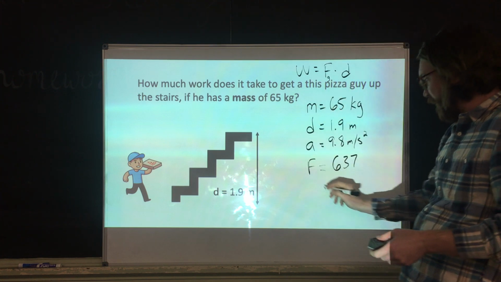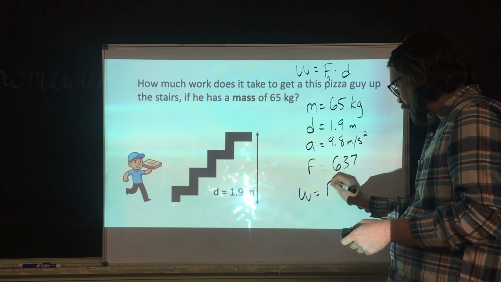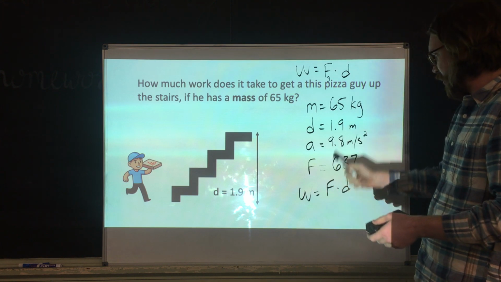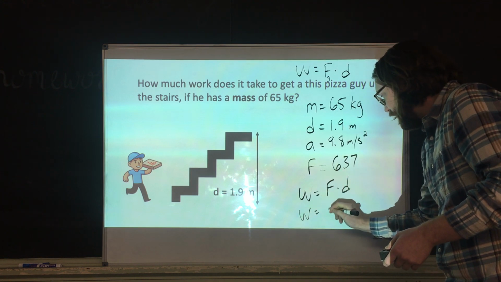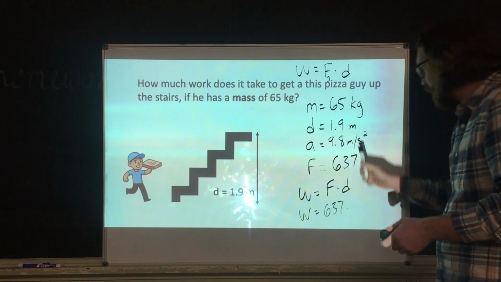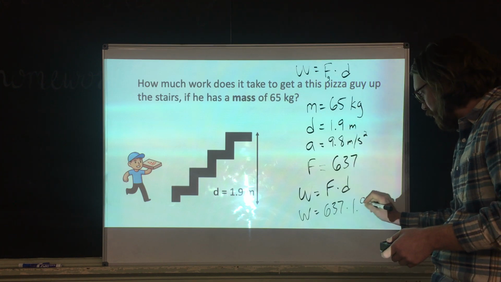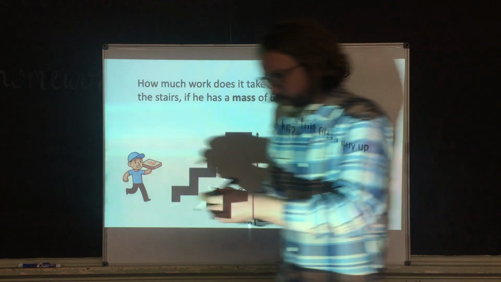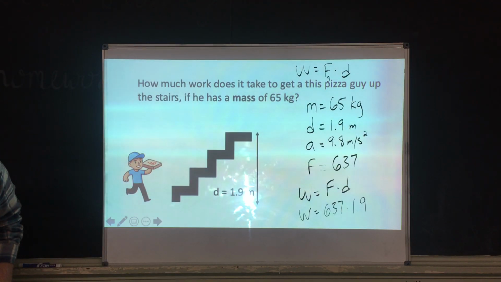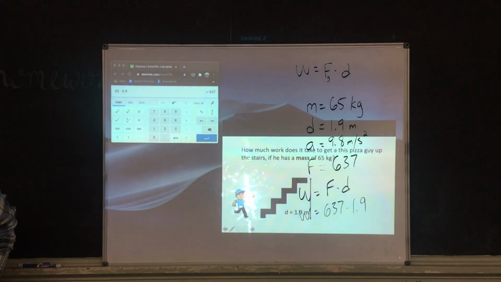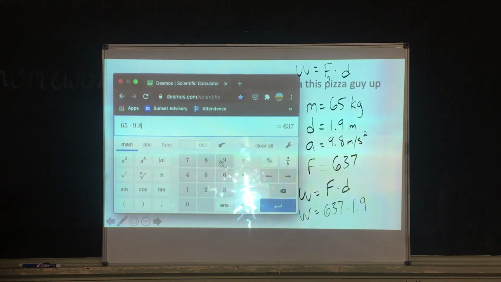Now, in order to find work, we know work equals force times distance. I know my force is equal to 637, and my distance going up is 1.9 meters. We go back over here, see if I can do it twice in a row. I'm not going to get too cocky. Does it work again? Yay! And we're going to take that answer, 637, times our distance up, which is 1.9.